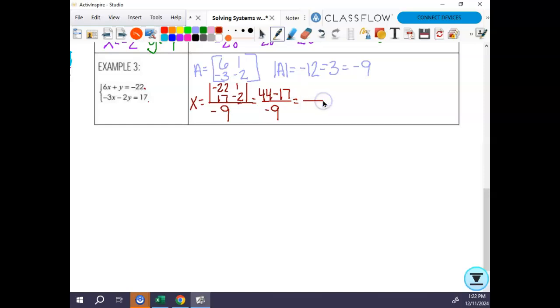Now I don't even trust myself to subtract. And then I'll set up my y, so if you want to check your setup before you continue, you can.